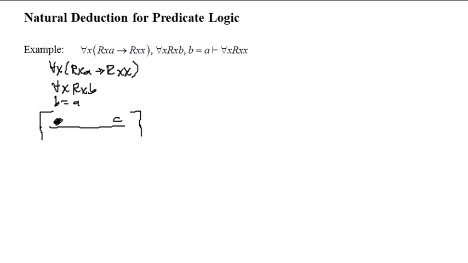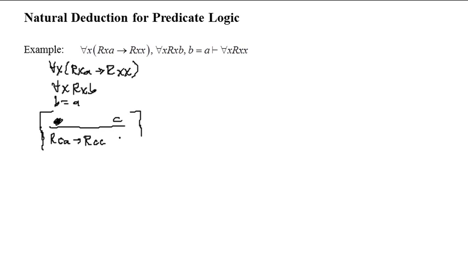Okay, well, what do we have here? We know that for all x, Rxa implies Rxx. So if I apply the elimination rule for the universal quantifier, then I can deduce, not for all x, that would go away, but plugging in c for x gives me Rca implies Rcc.